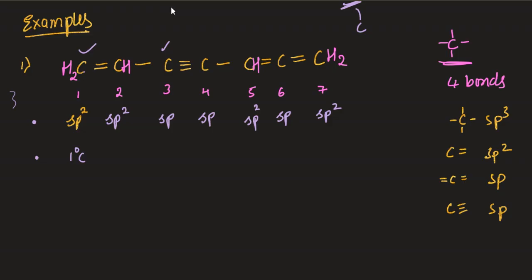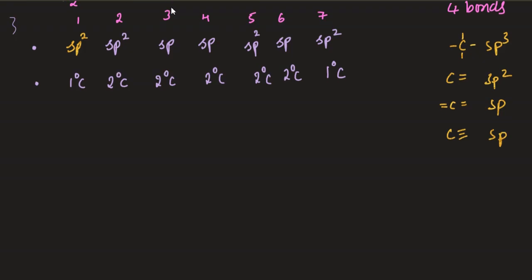Any selected carbon surrounded by two carbons is called a secondary carbon. So the remaining ones are all secondary carbons. The terminal seventh carbon is surrounded by only one carbon, with no carbon on top, bottom or right, so it is called a primary carbon. Clear till here? Right. Let us go with the second example.